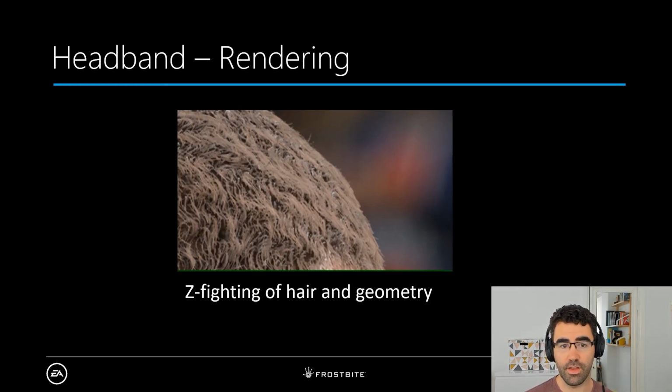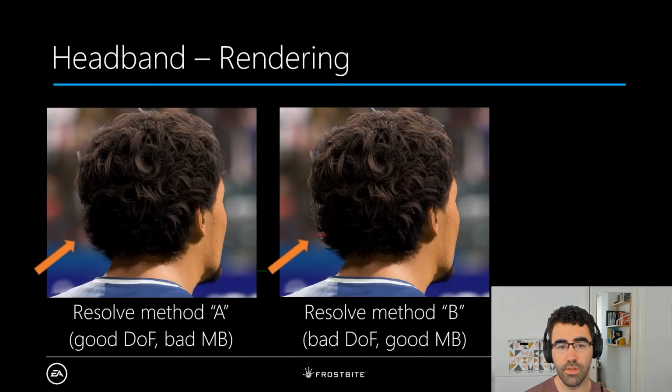And that's not everything. Depending on exactly at which point in the frame we compose hair into, we can get good depth of field or good motion blur or good sorting, but we just can't have everything at once. Every single way we have tried to compose hair requires a trade-off. In the end, we exposed the choice to the lighting artists.